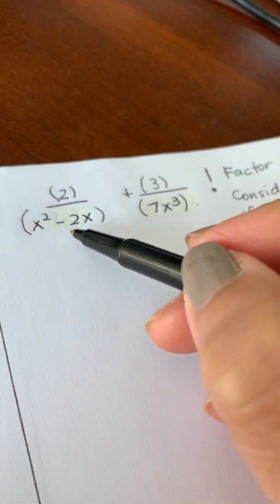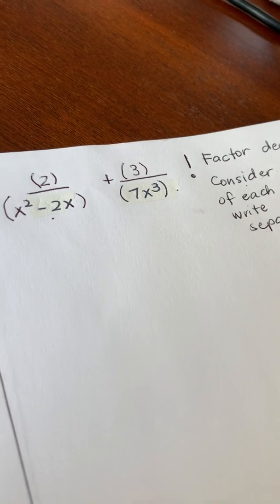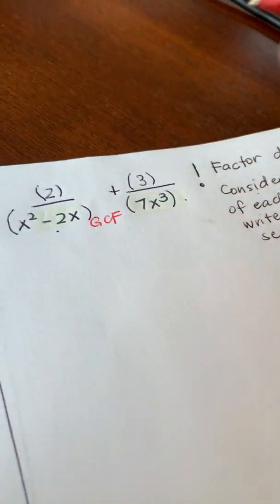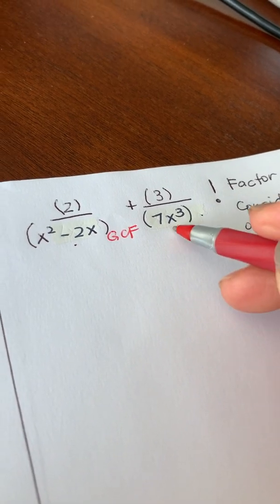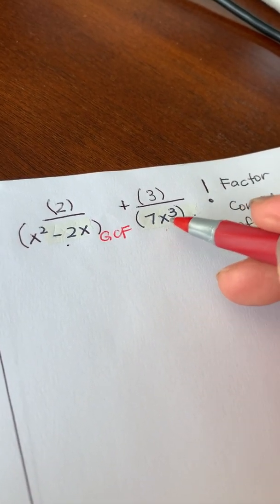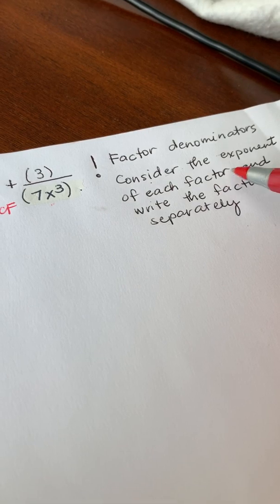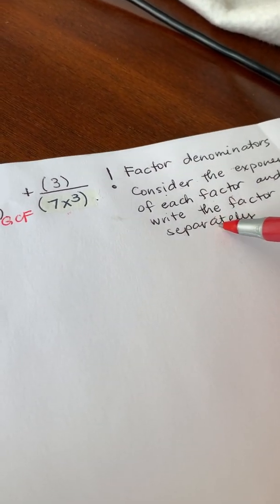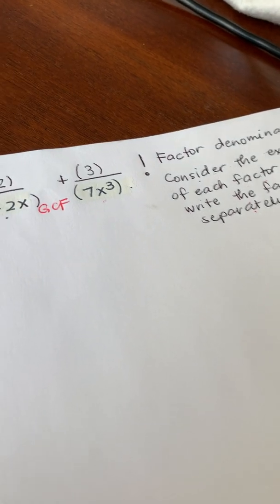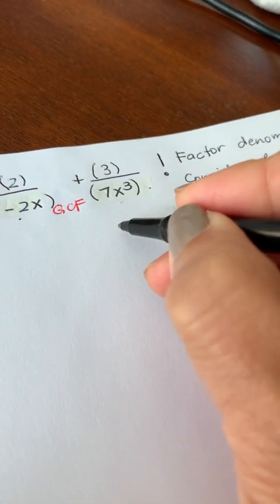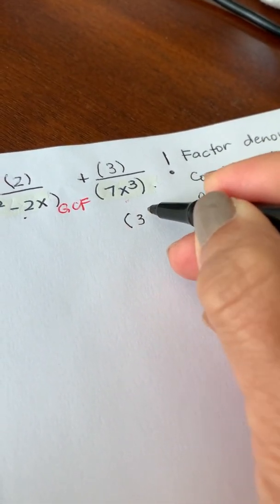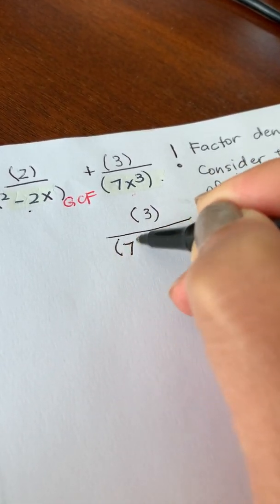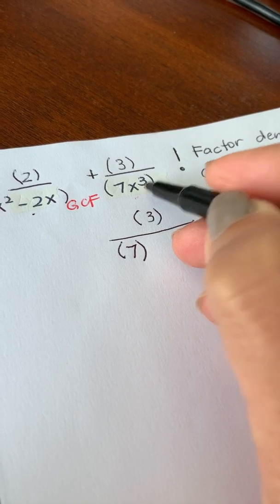Okay, so this one here is a GCF. X is common. And this one is already factored. But what I mean is when you say consider the exponent of each factor and write the factors separately. So what does that mean? Okay, so we have to rewrite this as 7. Consider the exponent 3.